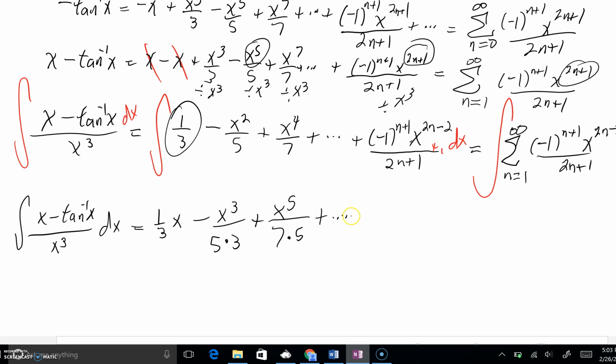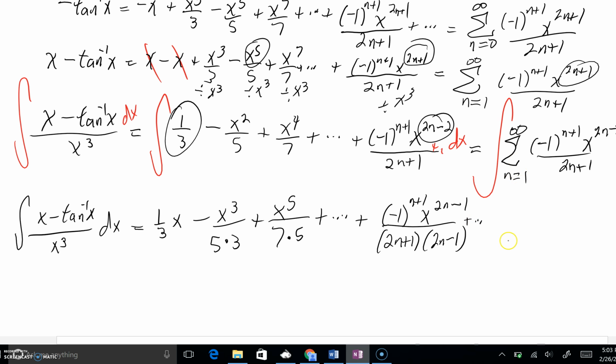And you can keep going here and say, well, this would be -1 to the n plus 1. I'm going to bump up my power by 1. I'll get 2n minus a 1. If I add 1 to -2, I'll be right here. I still have my 2n plus 1 down below, but now I have 2n minus 1.